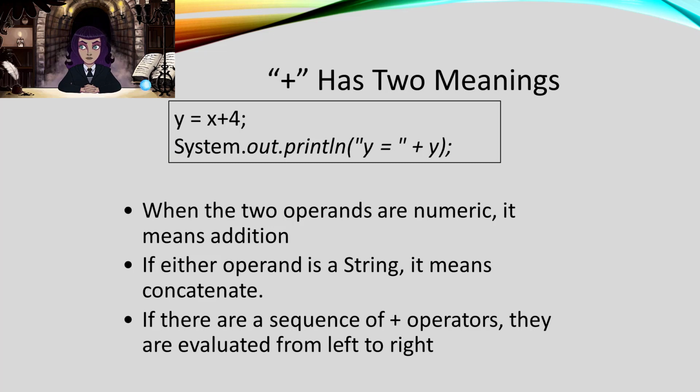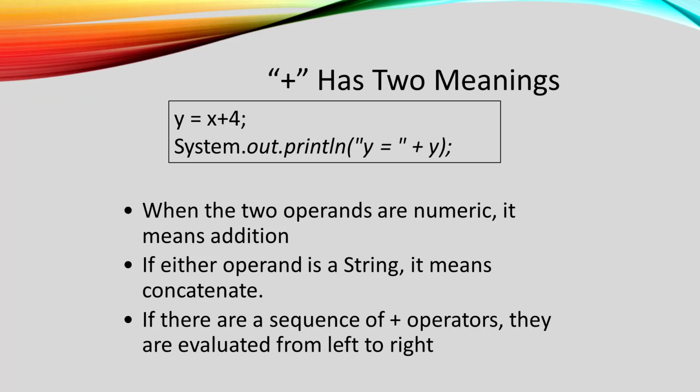How are we going to know which one the machine is going to do? Great question, Zumi. To know which operation to use, we look at the operands on either side of the plus sign. If they are numbers, so we know how to add them, then the machine does addition. If either operand is something other than a number, then the machine does concatenation. If there are a sequence of plus operators, we always evaluate them from left to right.